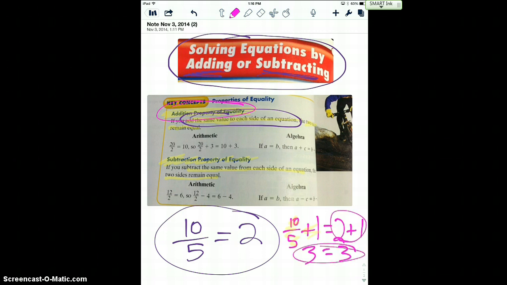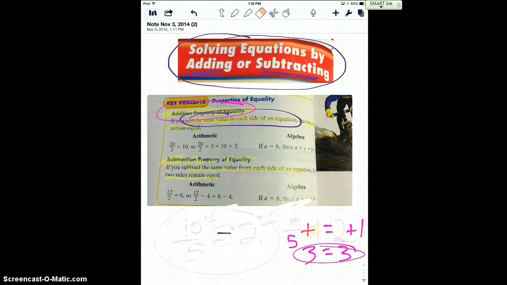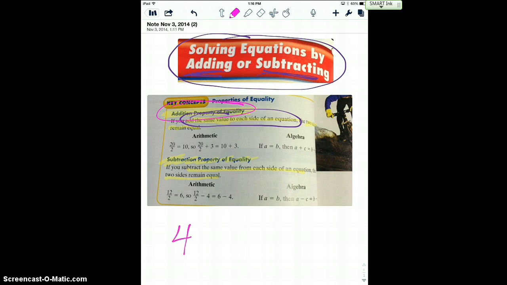So if I add something to one side of the equation and I add it to the other, it will remain equal. So let's try a different equation. That's also true. Let's try something with multiplication. 4 times 2 equals 8, right? That's a true equation. Now if I take this equation and I subtract the same value from each side, it still should remain true.